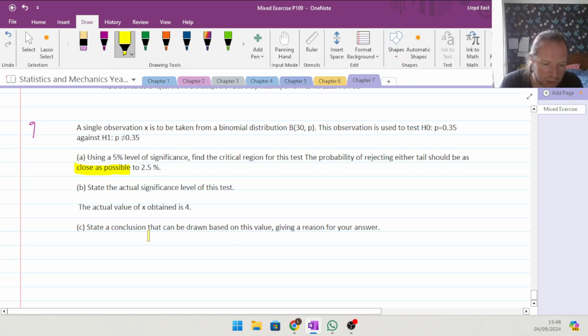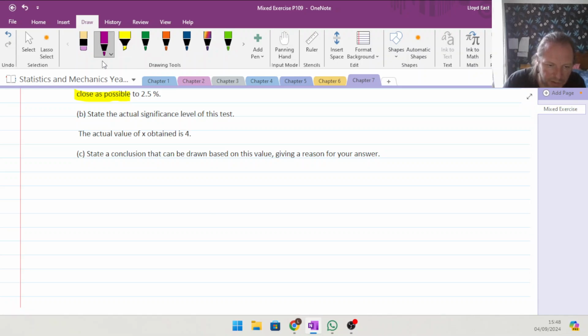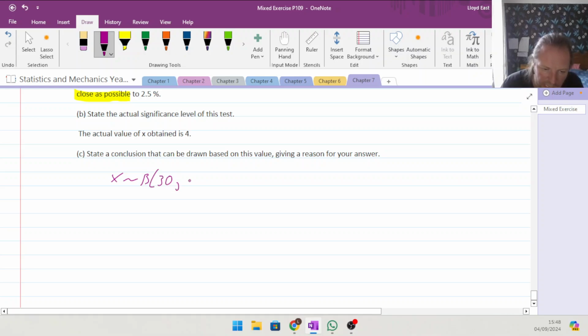So we have the binomial distribution, as they gave us 30 and probability 0.35, and we need to find out where we sit on this so that we can get it less than 0.025.